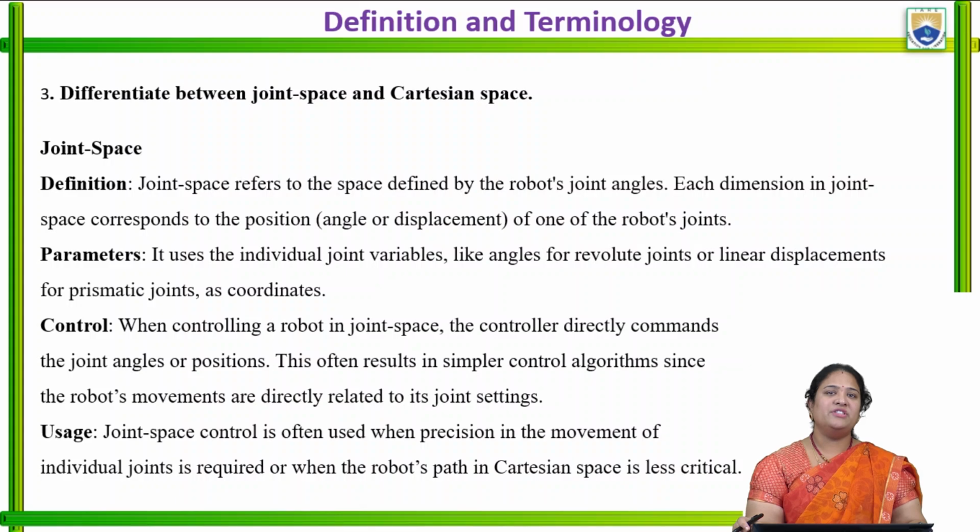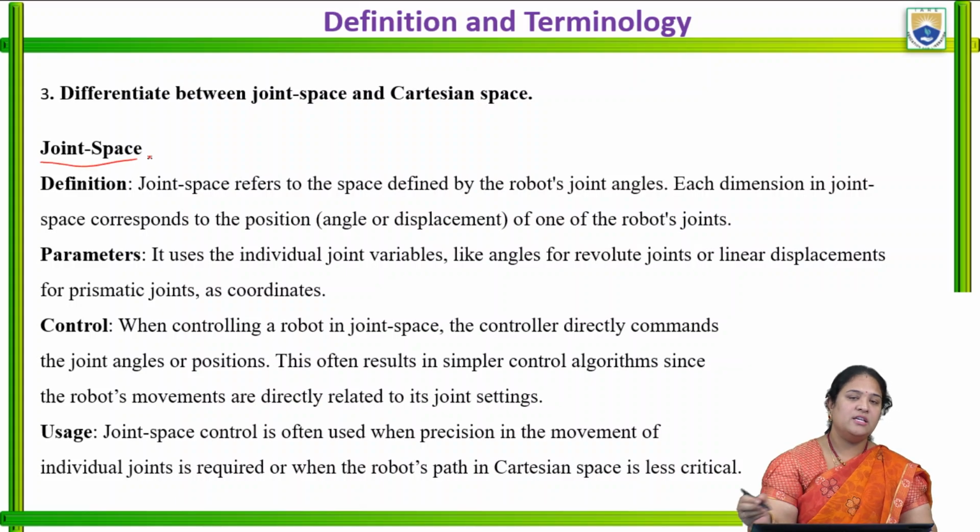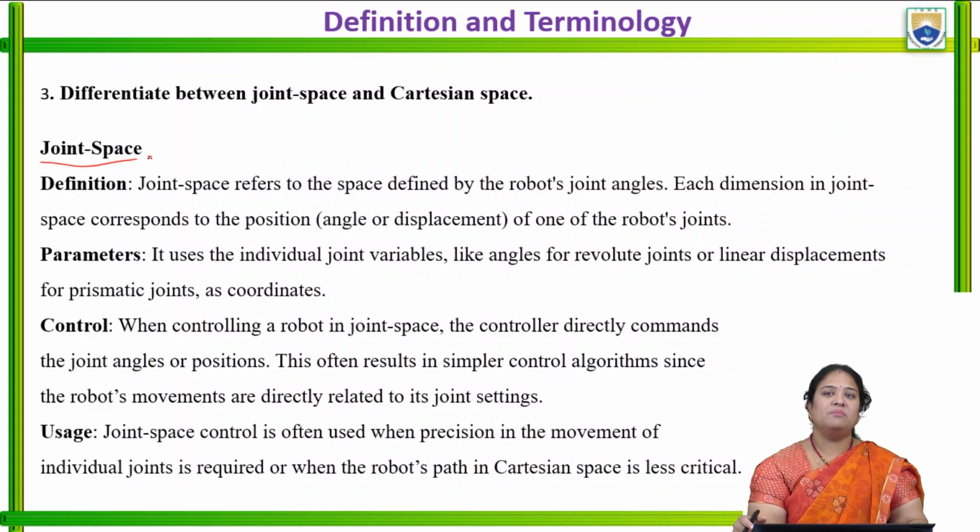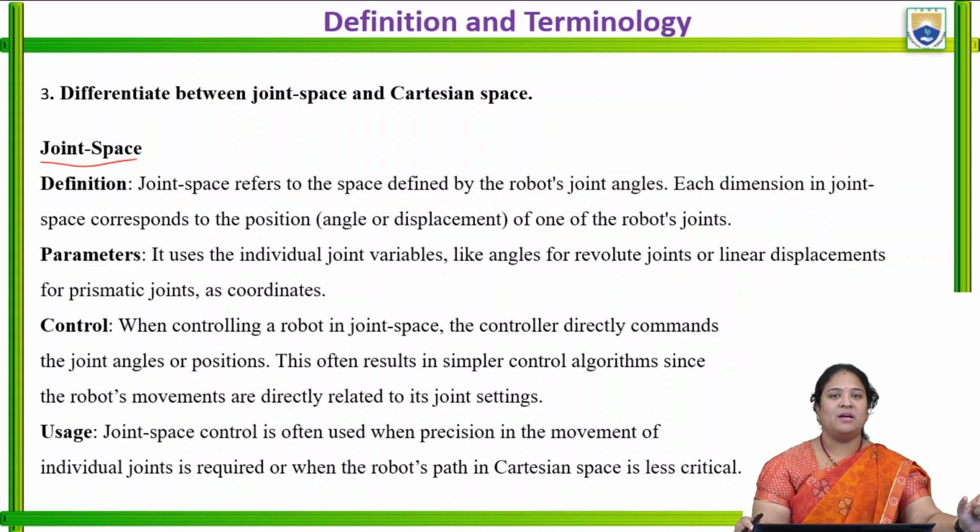The position which is determined corresponding to the position of the robot joints is known as the joint space, and it's mainly considered based upon the individual joint variables, like angles for revolute joints or linear displacement for prismatic joints as coordinates.